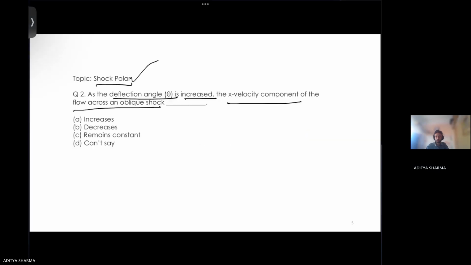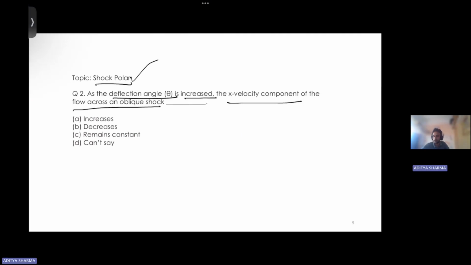So this means that as we increase the deflection angle, the x velocity decreases. So if we see the options, option B should be correct. The answer is B only. The x velocity component across an oblique shock decreases with the increase in the deflection.